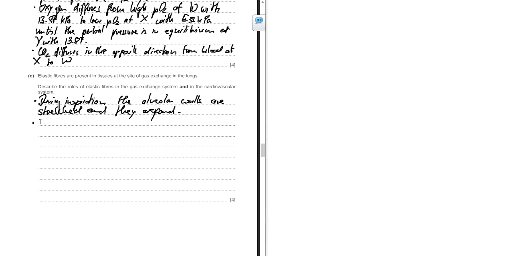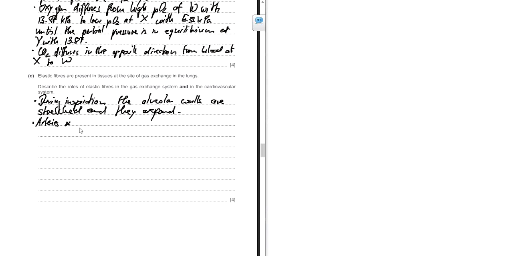In arteries, the blood vessels that contain most elastic fibers, and as well arterioles.